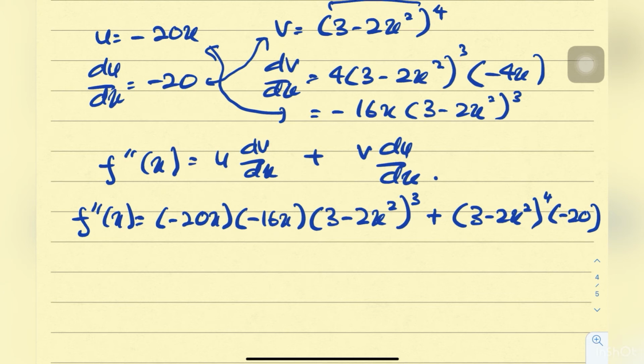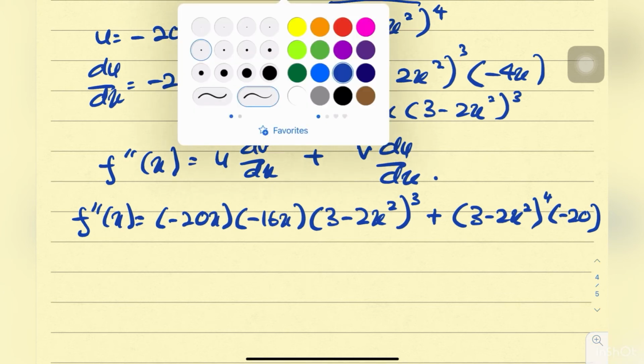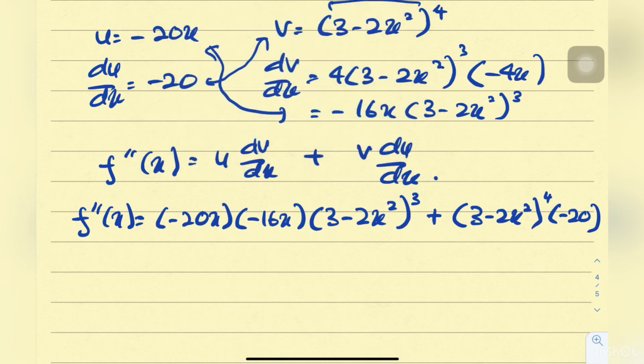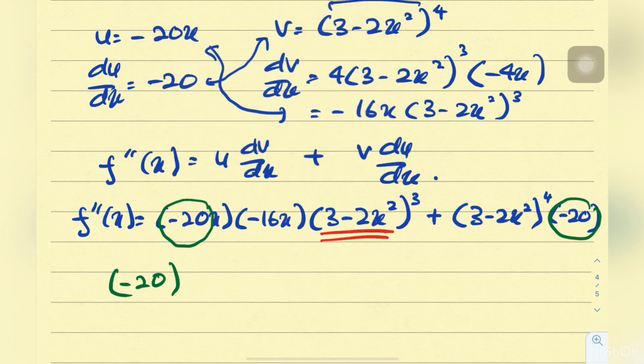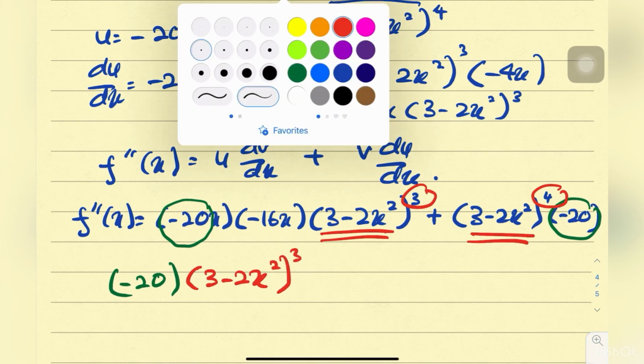We can factorize. Here we have negative 20, so you can move it out. We have power of 3 and power of 4, so you factorize. The common factor is the smaller power, which is (3 minus 2x squared) cubed.